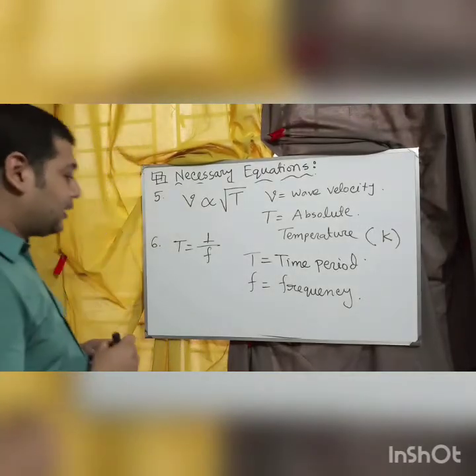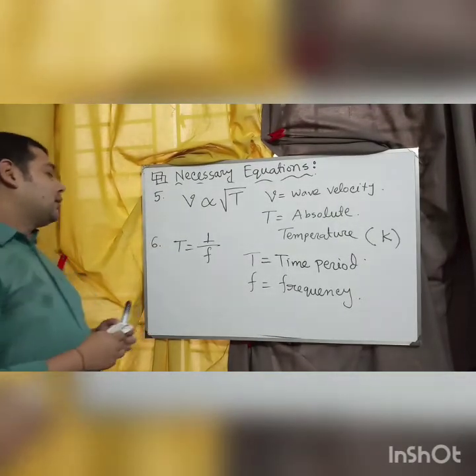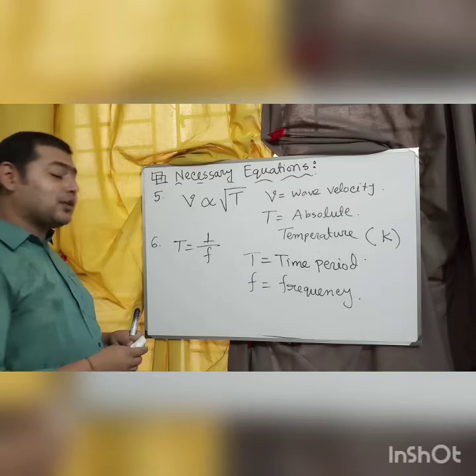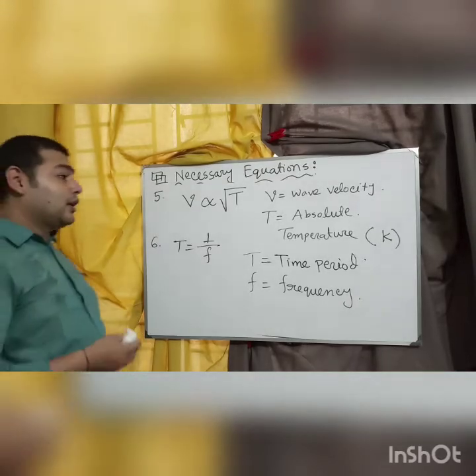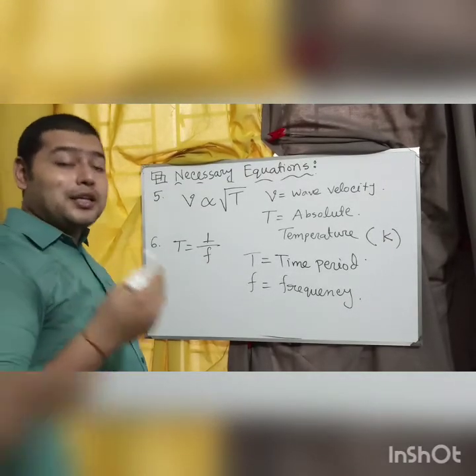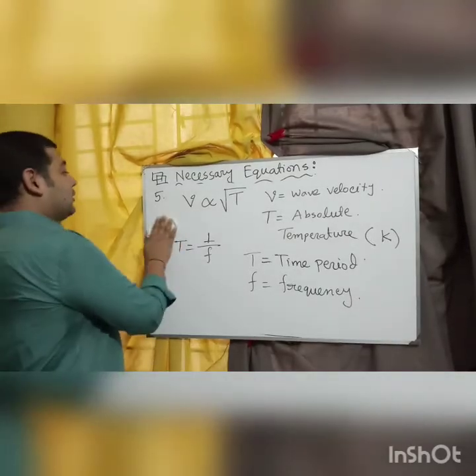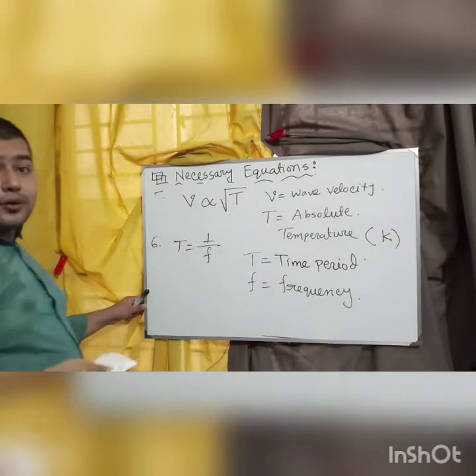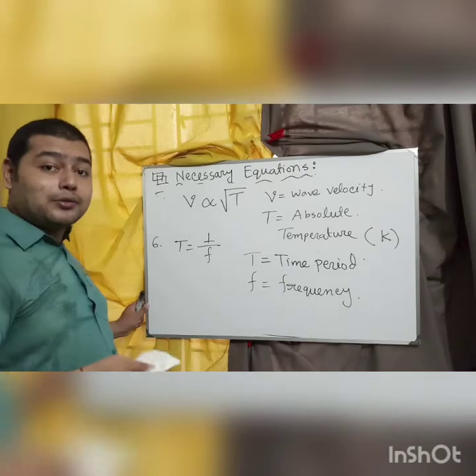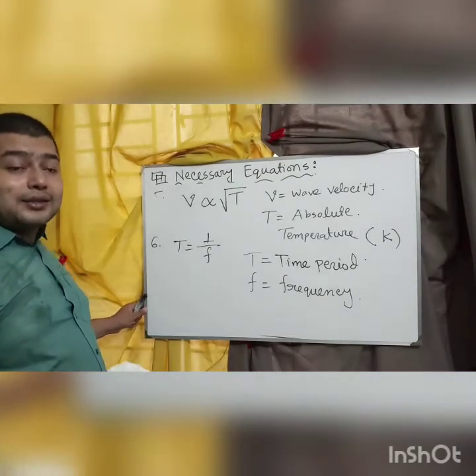Okay, and now the last equation, this is also a very important equation. This equation comes for echo. We know the echo, the reflection of sound is known as echo.